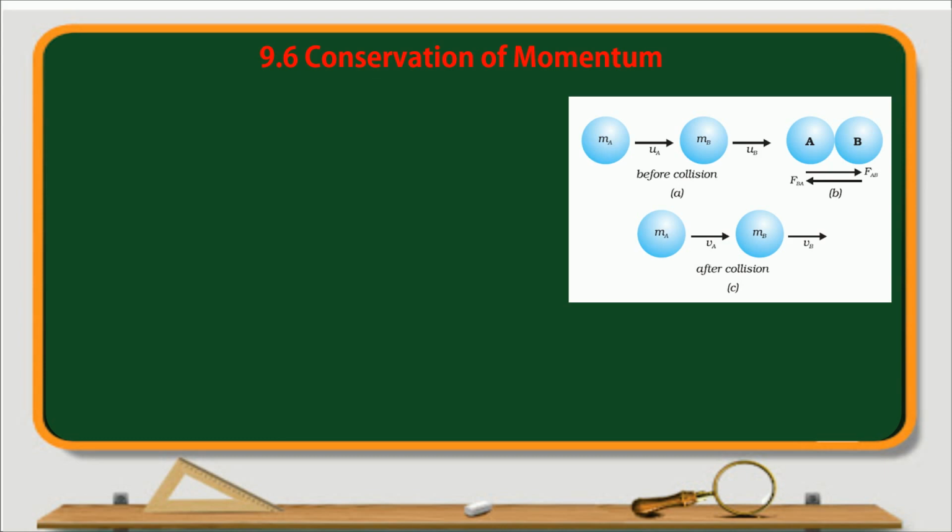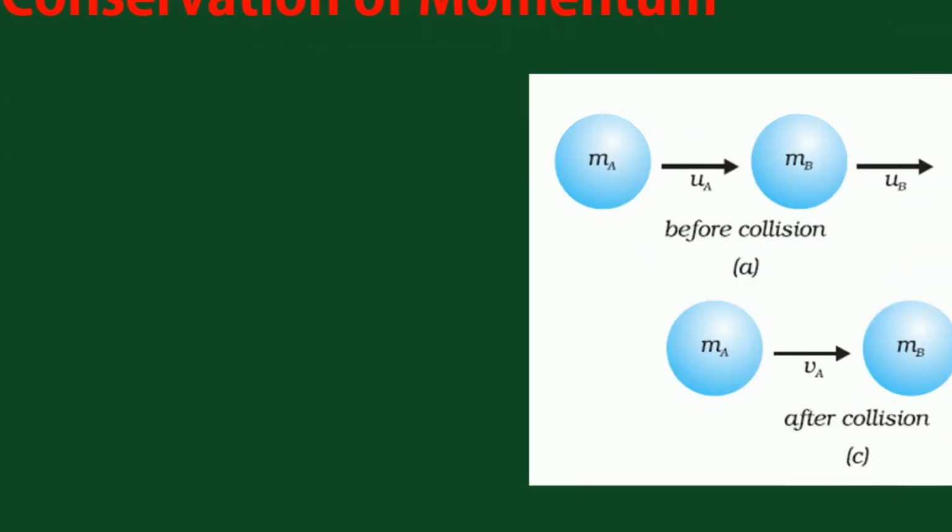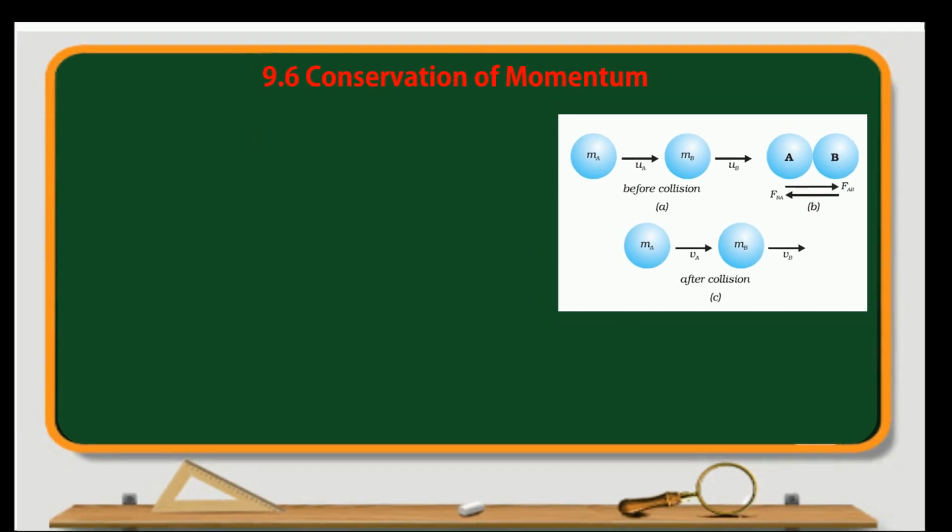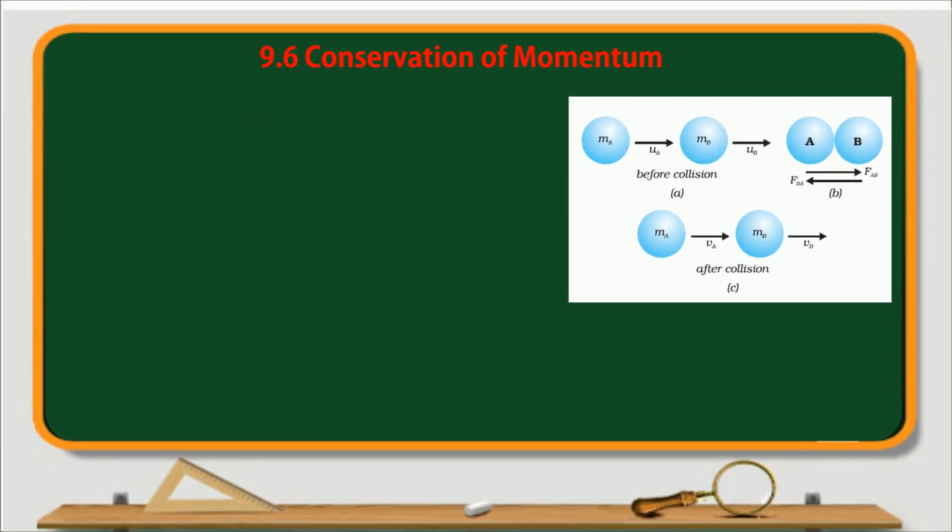MA is the mass of the first marble and MB is the mass of the second marble. Understand?